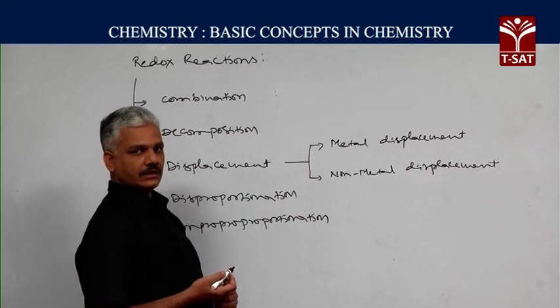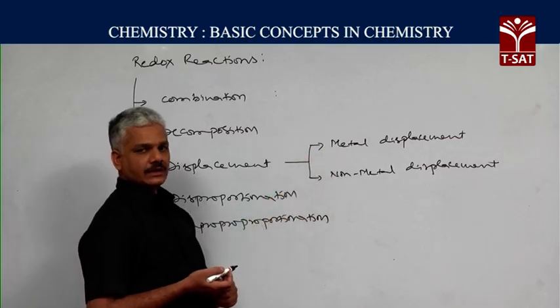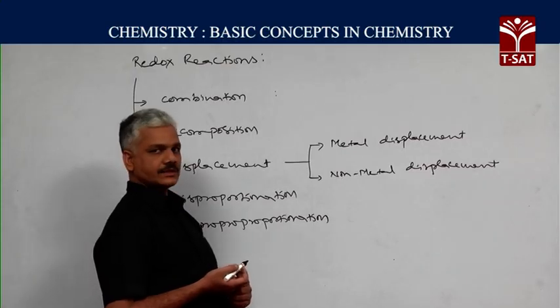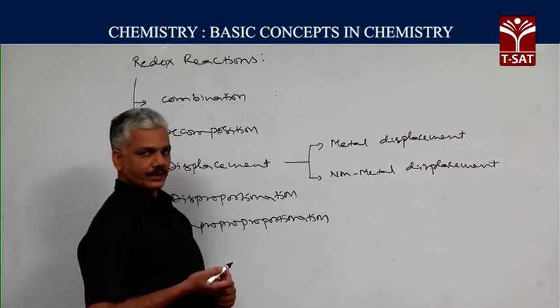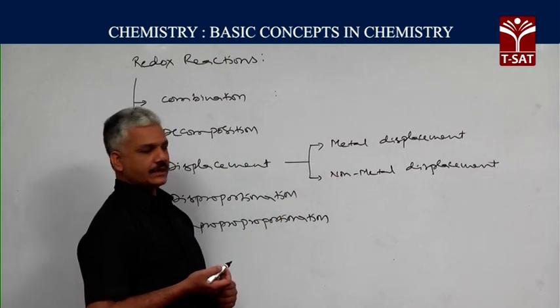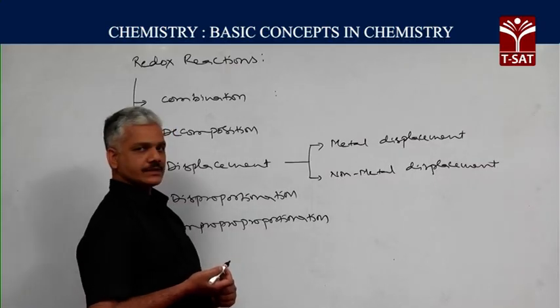with another non-metal. The general principle is that a metal with a high electropositive character can displace another metal with a low electropositive character from its compound. When it comes to non-metals, a more electronegative element can displace a less electronegative element from its compound.